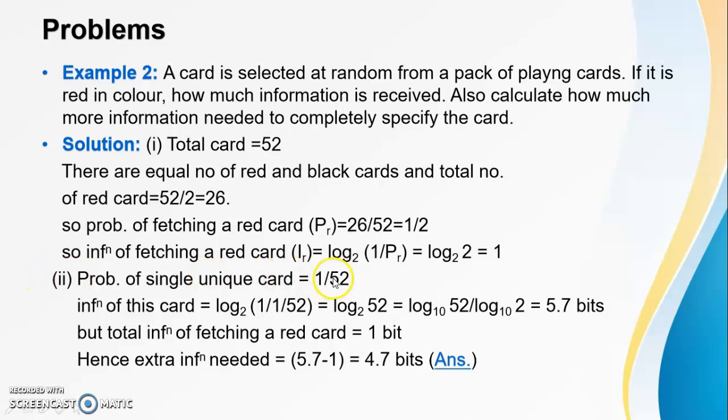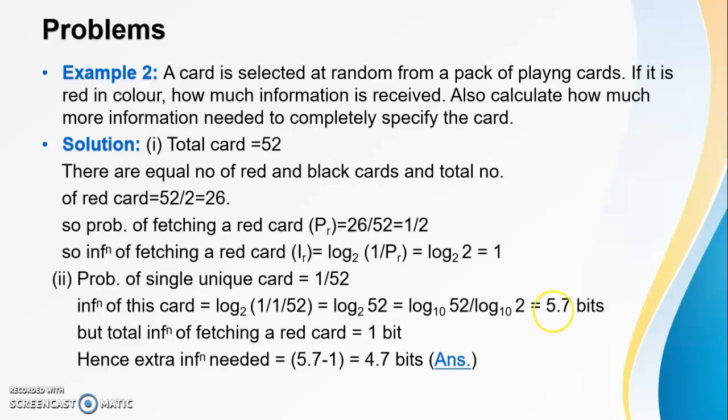That's why it is written as 1 by 52. The information of this card equals log 2 of 1 by 1 by 52, or log 2 52. We use the change of base formula to calculate log 2 52. It is log 10 52 by log 10 2, which is 5.7 bits.